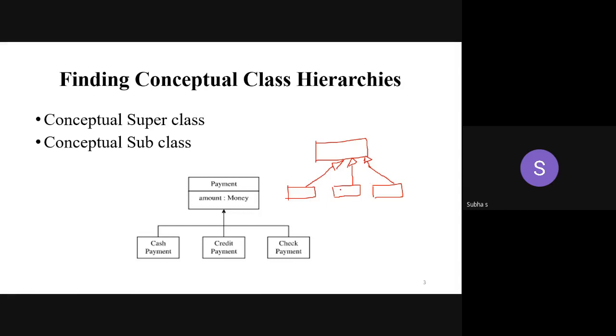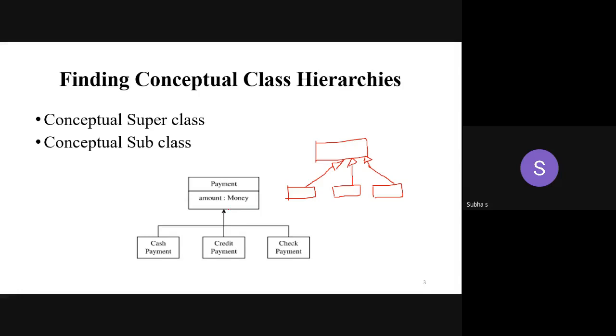Both are the same only. Both represent the same thing only. But this is called separate triangle arrow mark. This one is called shared triangle arrow mark. You might have questions from this, but you have to know this concept also. So this superclass and subclass can be denoted in any of these 2 ways.